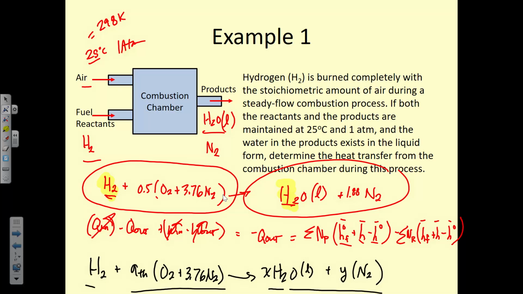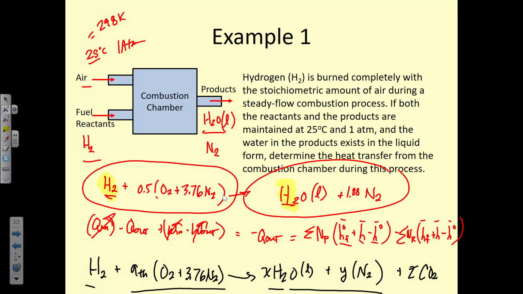And then we know the byproducts are going to be liquid water, because it tells us in the problem that it's liquid, and nitrogen. Ordinarily, with complete combustion, you'd also have CO2. I could add plus Z times CO2, and we find Z is 0 when we do the balance.